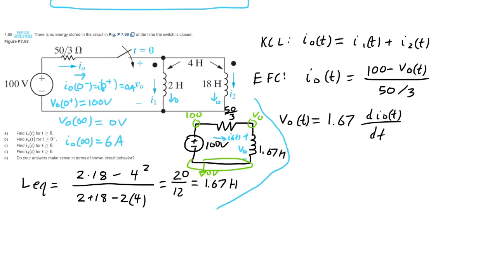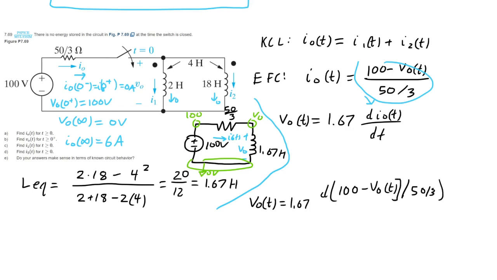I'm going to substitute in this whole expression for IO. This is going to become VOT is 1.67 Henry, and derivative of 100 minus VOT divided by 50 over 3, dt. And just like before, derivative of a constant is always 0.